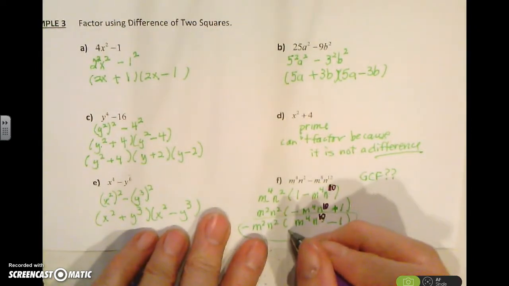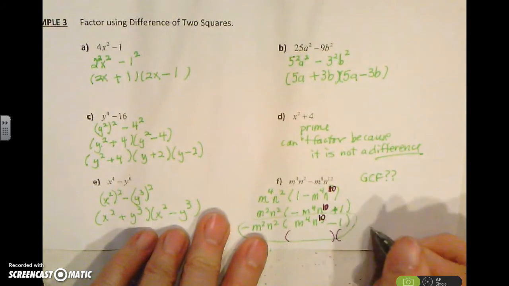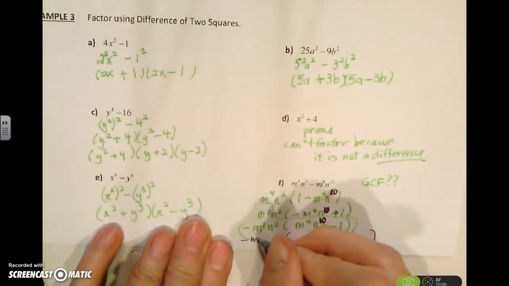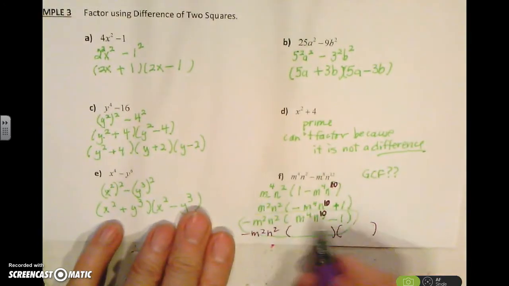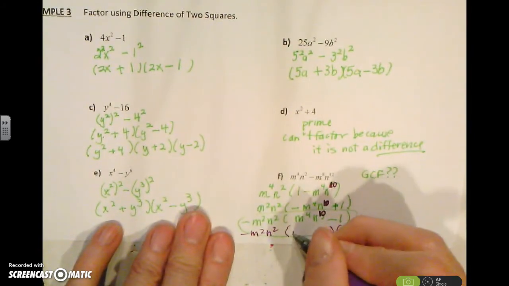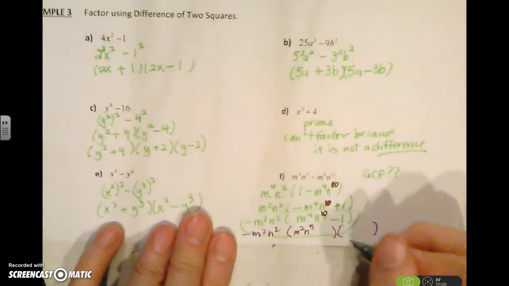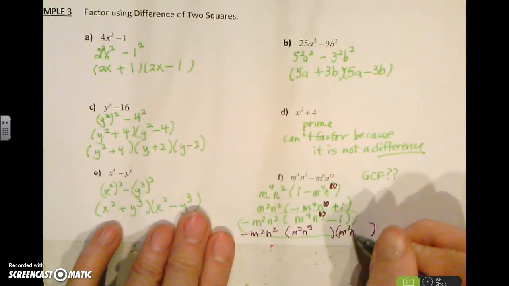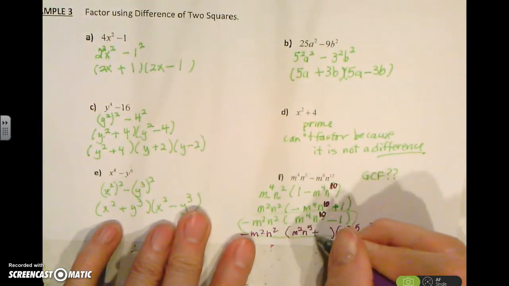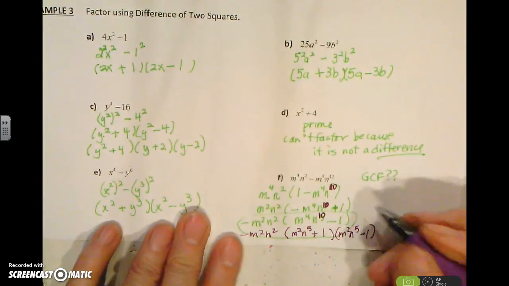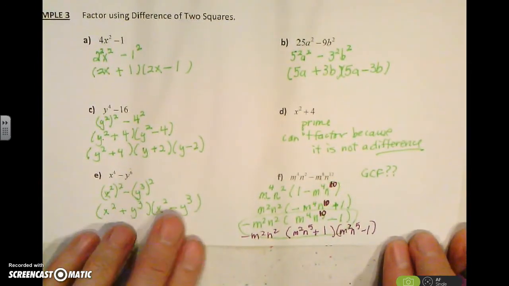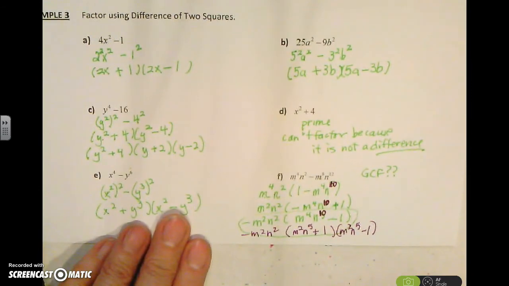So this is going to factor: a negative M squared, N squared. This is going to factor here into M to the 2nd, N to the 5th, M to the 2nd, N to the 5th, plus 1 minus 1. And that then is our answer, corrected.